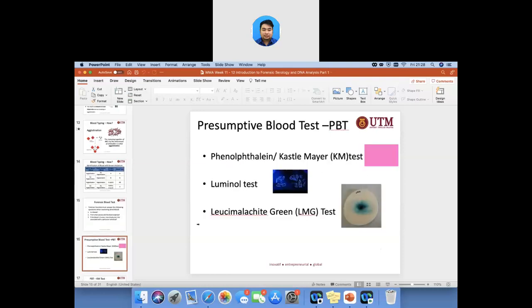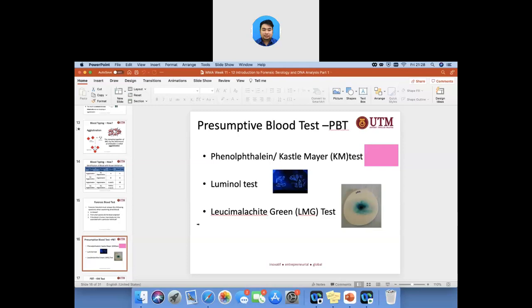Now we are going to look at how you are going to test whether it is blood or not. Presumptive test. Presumptive blood test, we can call it PBT. There are three presumptive blood tests: the phenolphthalein or Kastle-Meyer test, the luminol test, and the leucomalachite green test.